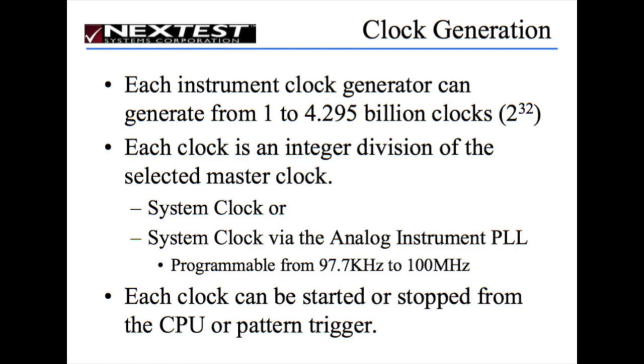Each clock generator can generate from 1 to 4.295 billion clocks, that is 2 to the 32. Each clock is an integer division of the selected master clock, which would be the system clock or the system clock via the analog PLL. Programmable from 97.7 kilohertz to 100 megahertz. Each clock can be started or stopped from the CPU or a pattern trigger.